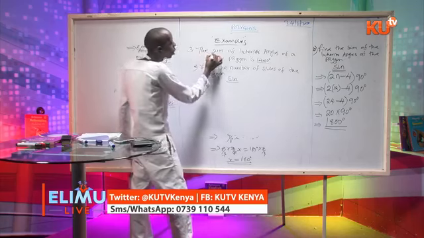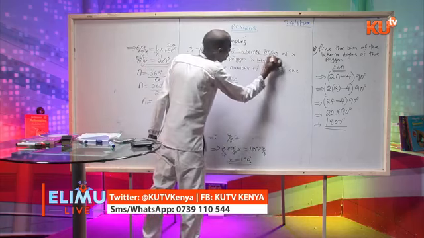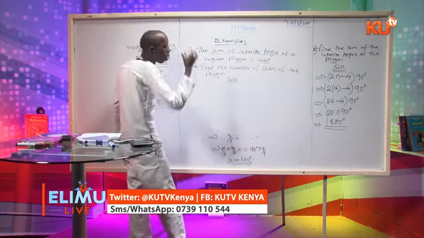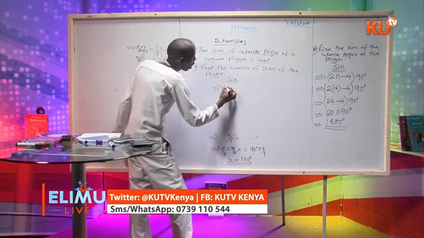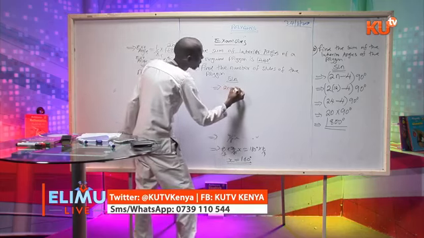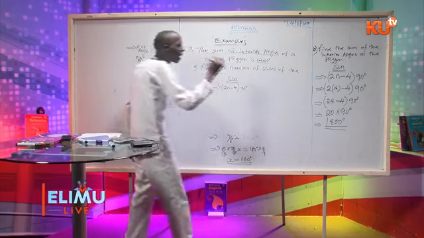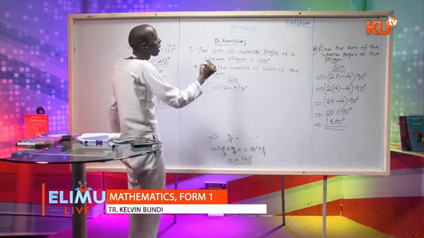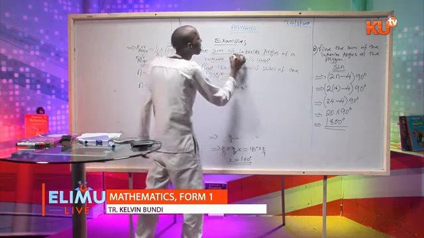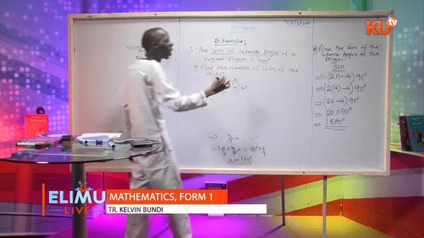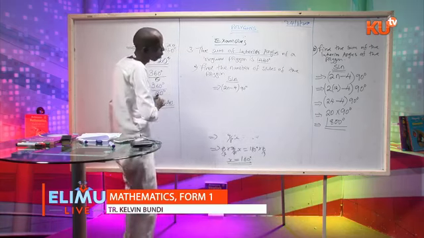At that time that they mentioned the sum of interior angles, what should come into your mind is (2n minus 4) multiplied by 90 degrees. That is the first thing that should come into your mind whenever you see the sum of interior angles of a regular polygon.